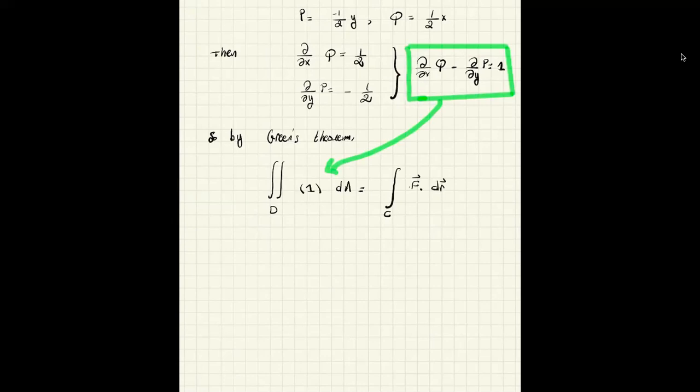But what is this? You're just adding. Remember what I told you about the areas. If you have a region D and you integrate the function 1 dA, it gives you the area of the region, because you're adding little rectangles.